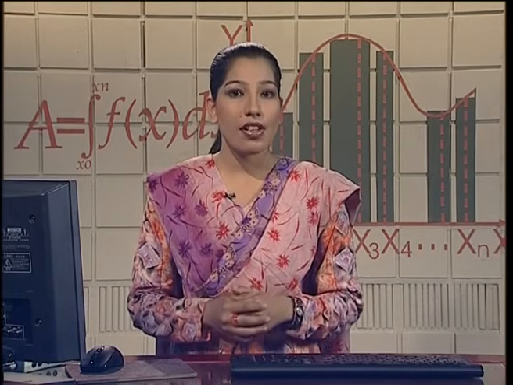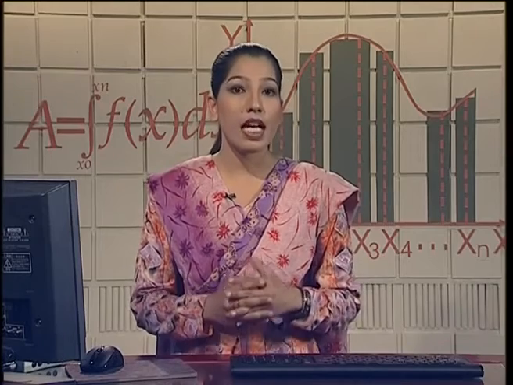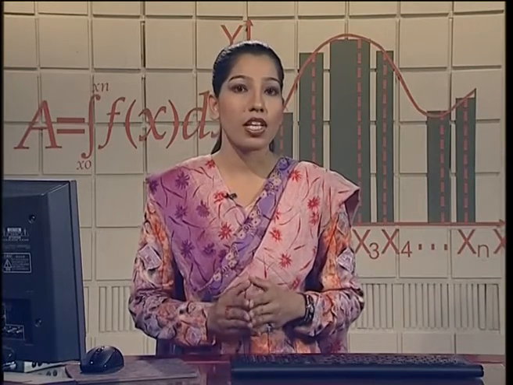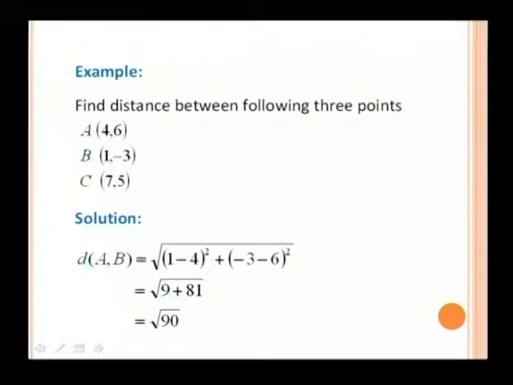Now we will consider an example with 3 points and we will find out the distances of the points from each other. You can see an example on the screen. For this example, we have to find out the distance between the following 3 points: A having coordinates 4, 6, B having coordinates 1, -3, and C having coordinates 7, 5.